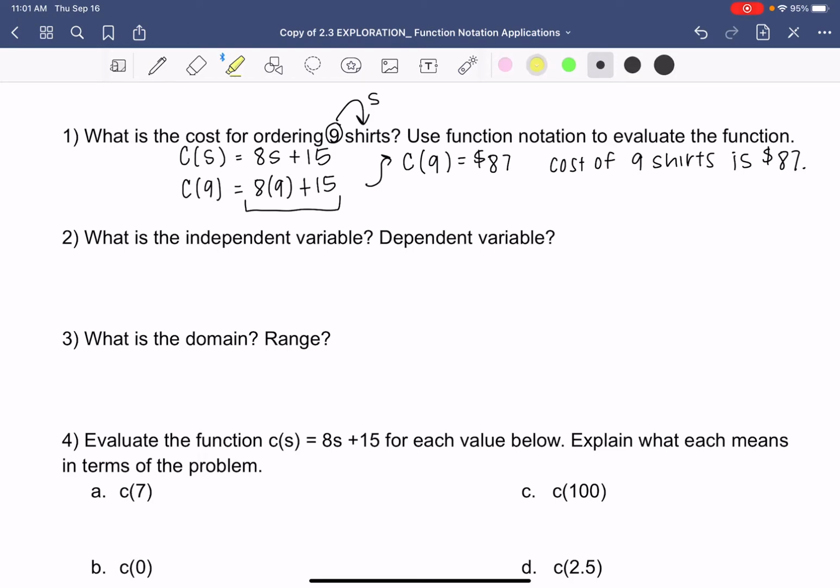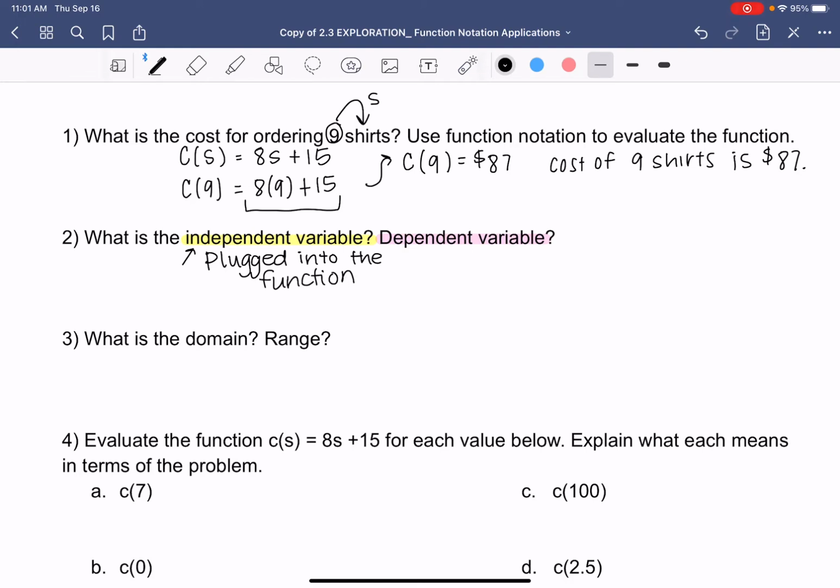All right, so now we're going to identify the independent variable and the dependent variable. Your independent variable is what gets plugged into the equation or the function.